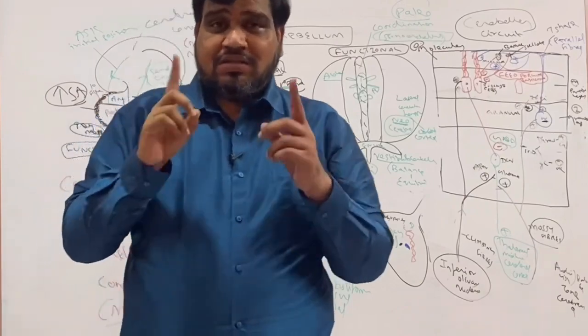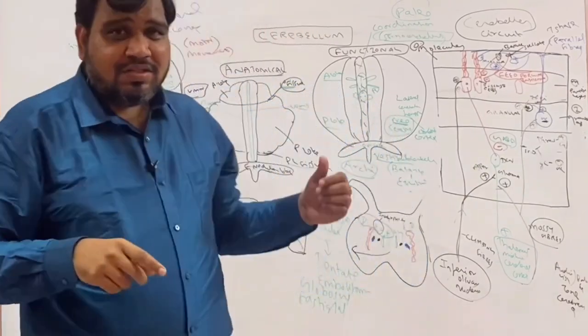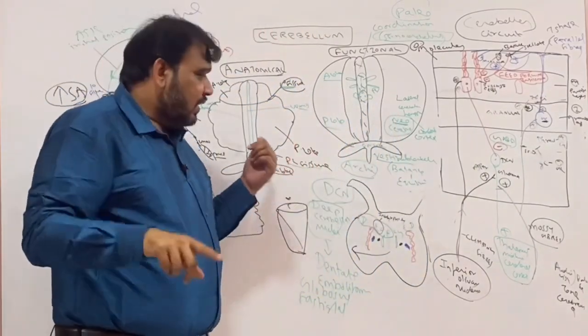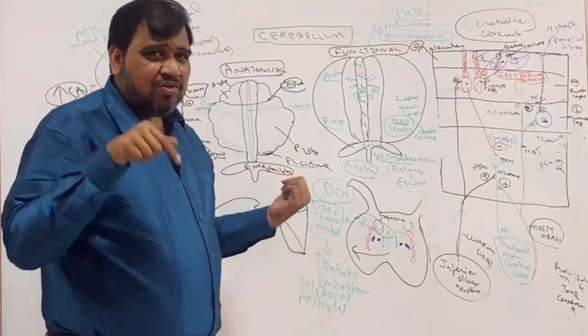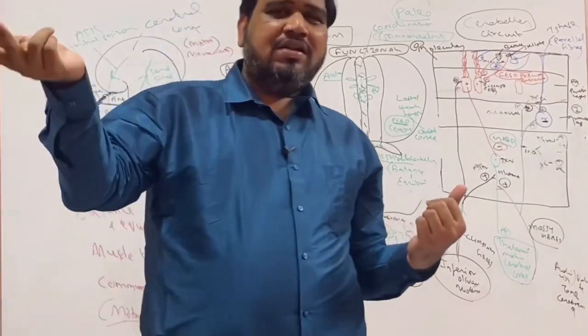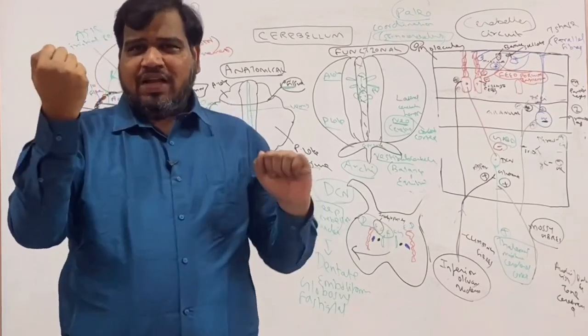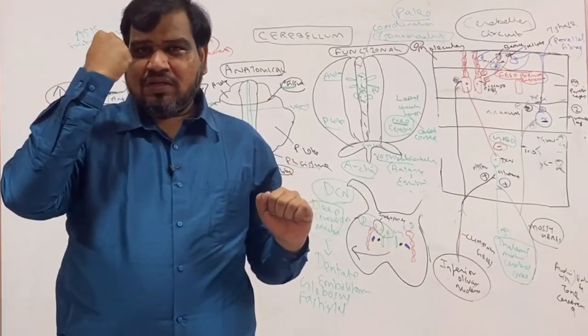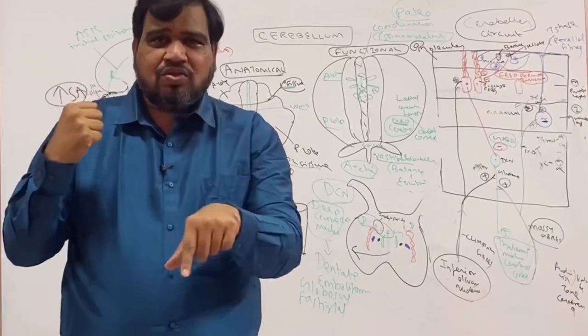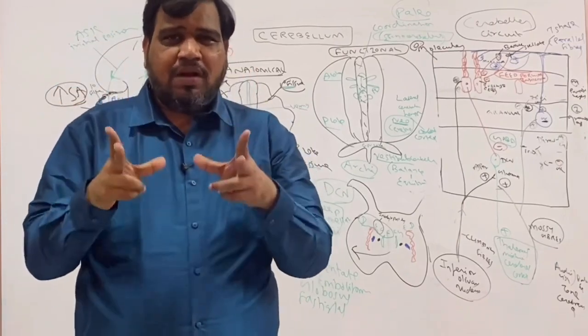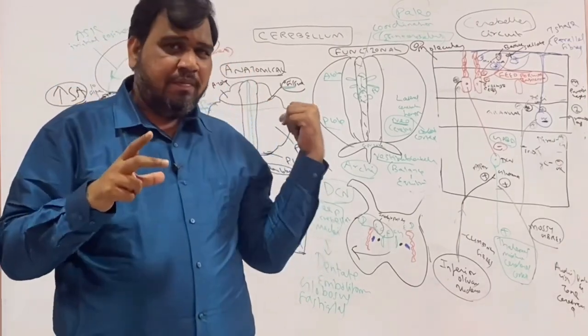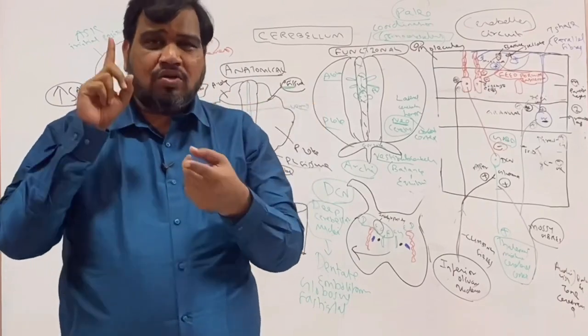Very, very important. Cerebellum not only tells the initial position, it also predicts the future. So I thought I could tell in next class, but this is very important. So when I take this, it is expected to hit. That is the future. But that also cerebellum will calculate. So cerebellum, especially neocerebellum or cerebrocerebellum, also calculates the future.